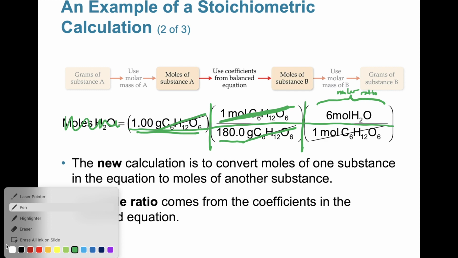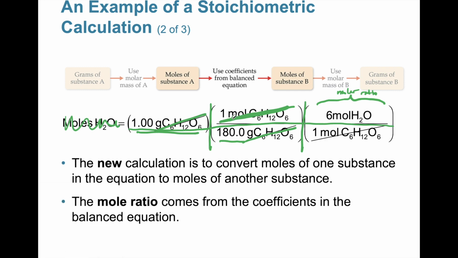Let me just undo that. Can I undo that? I just erase. There we go. Anyway, back to green. And so all that gets canceled out, and moles of glucose are canceled out. So now we're left with 6 moles of water.